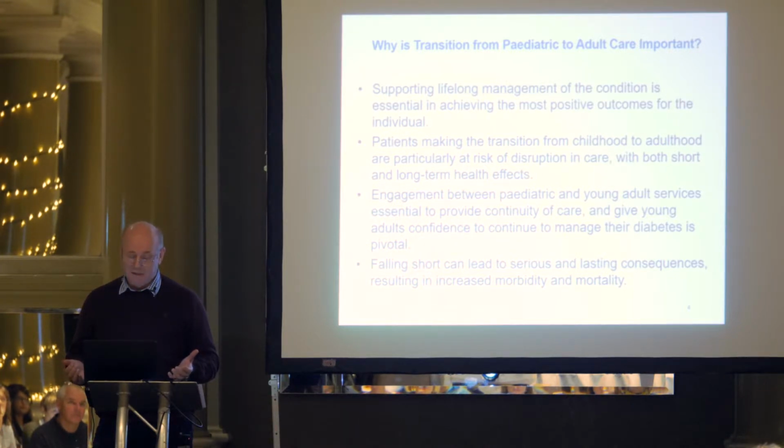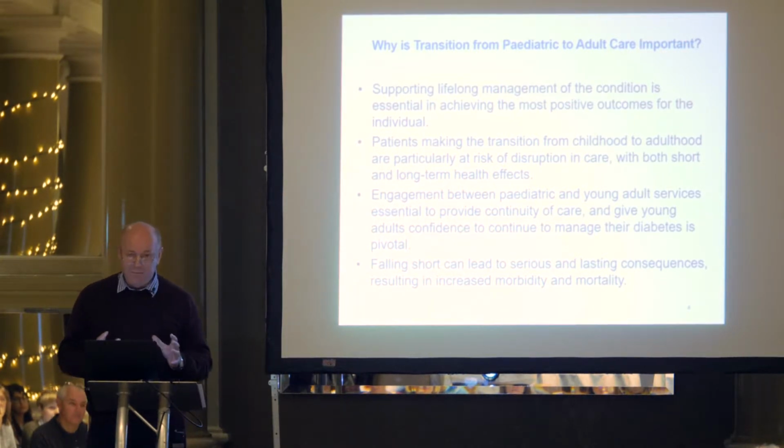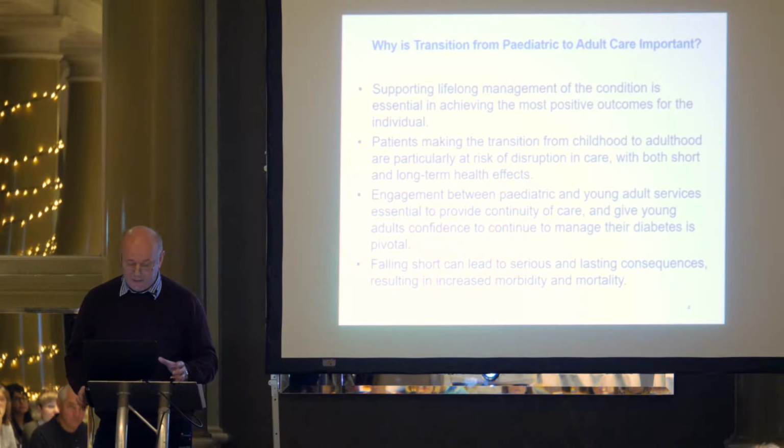There are lots of things happening to them. They're leaving school, they're going off to university, they start to have relationships, and all sorts of things happen. And this will affect their short and long-term health care. So engagement between paediatric and young adult services is essential to provide continuity of care. And if you fall short of that, your blood glucose levels are poor, and that has subsequent consequences of increased risk of morbidity and mortality.